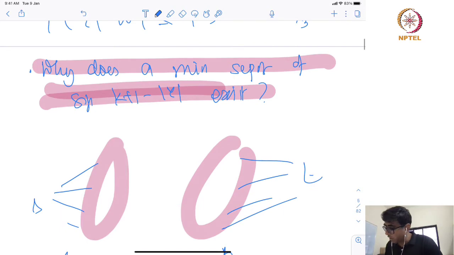But more importantly, why does a minimum separator of size k plus 1 minus y exist?